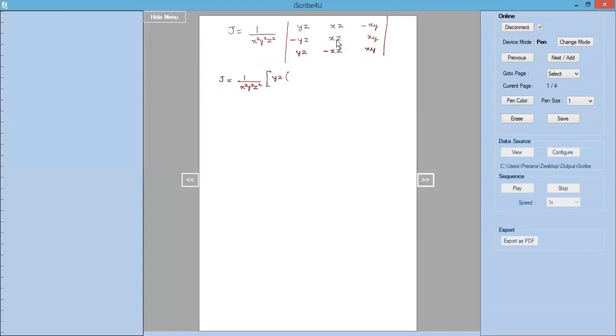So this product gives me x square yz minus of minus plus x square yz. X square yz plus x square yz. We already have a minus sign in this product. While expanding this determinant 2 cross 2, we get another minus sign. That is why it becomes plus.